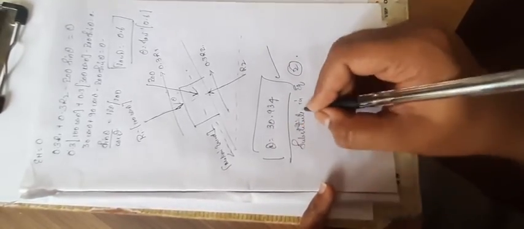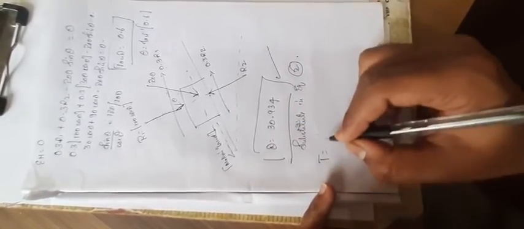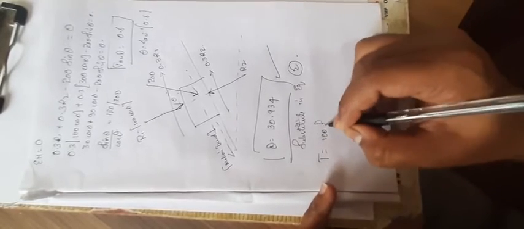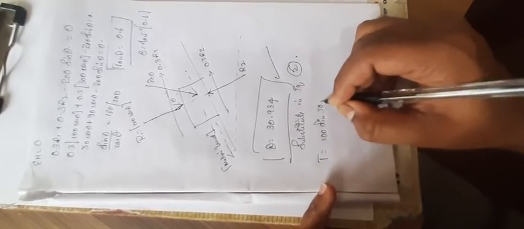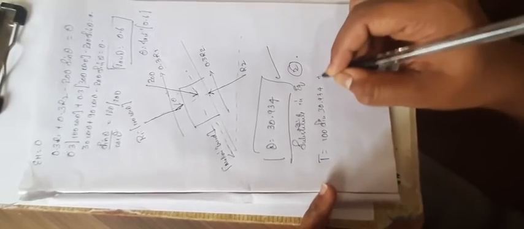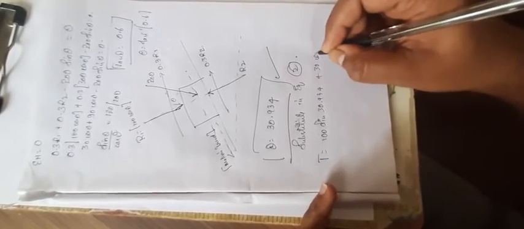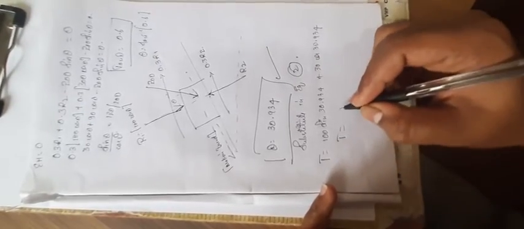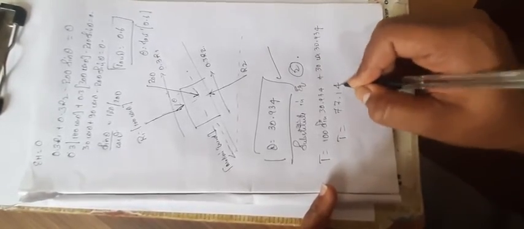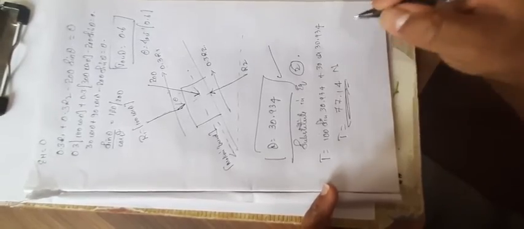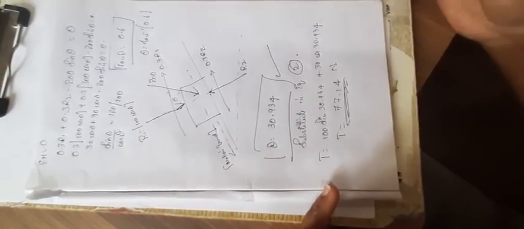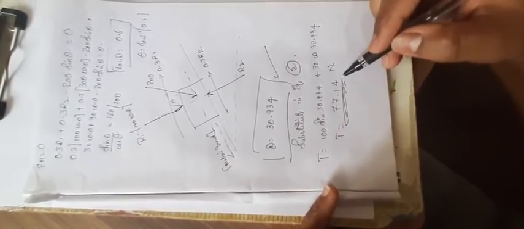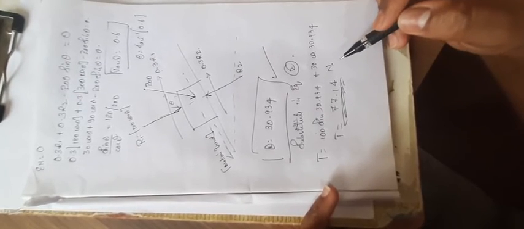When you substitute in equation 2, what do you get? T is equal to 100 sine 30.934 plus 30 cos 30.934. You'll get T approximately around 77.14 newtons. So you got the angle of inclination as theta equal to 30.934 and the tension in the string as 77.14. Thank you.